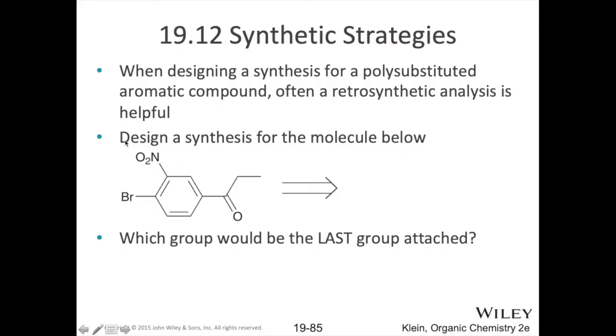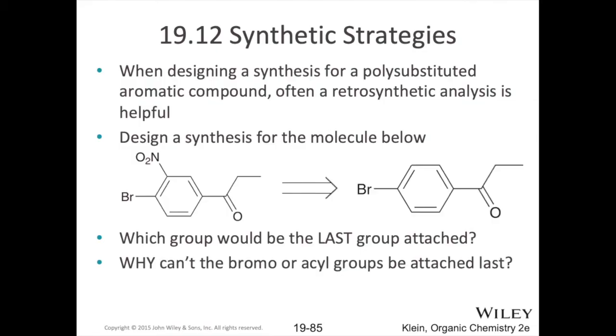But most importantly, we have our nitro group here, which is a strong deactivator. So that would probably be the last group attached, because remember, here we've got an acyl group, which we add on through a Friedel-Crafts acylation, and in order for that to occur, you need an electron-rich ring. It's kind of difficult to do that with a nitro group on there. So that's probably the last thing we add on.